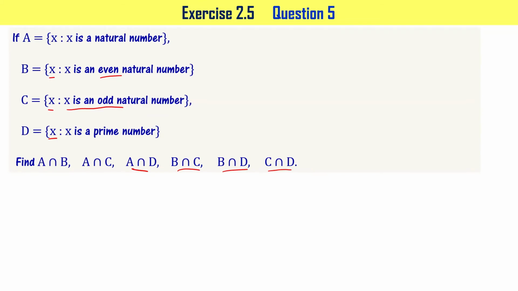All these sets are given in the set builder form, right? We have to write them first in the roster form.